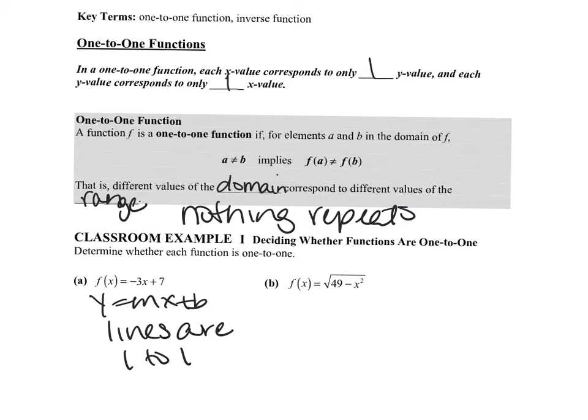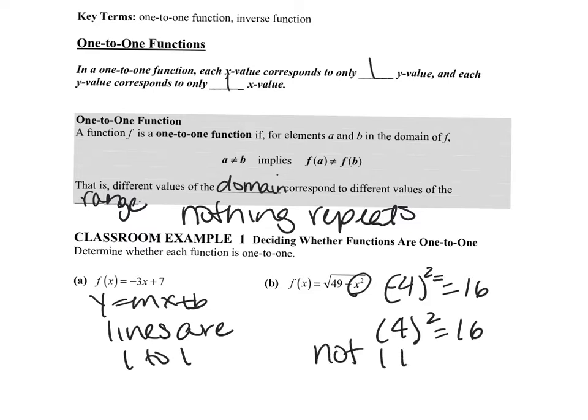The second one, 49 minus x squared, is not one-to-one because we're squaring the x: a negative number like -4 squared equals 16, or +4 squared equals 16. So both of those would give us the same value. So not one-to-one.